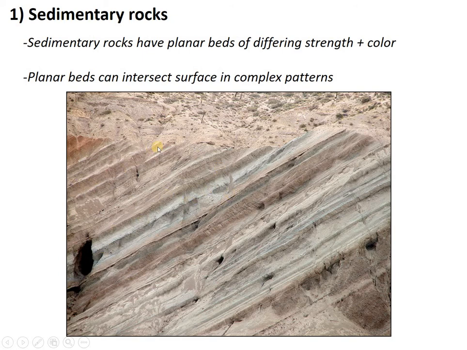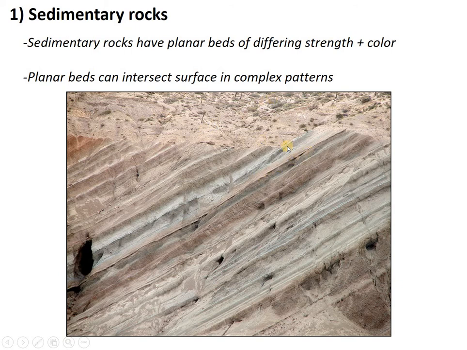And you see they're coming up and they're intersecting the somewhat flat surface here, okay? So when you look down from above on these, if the surface is flat, you're going to expect to see these planar beds essentially as lines across the surface, okay?